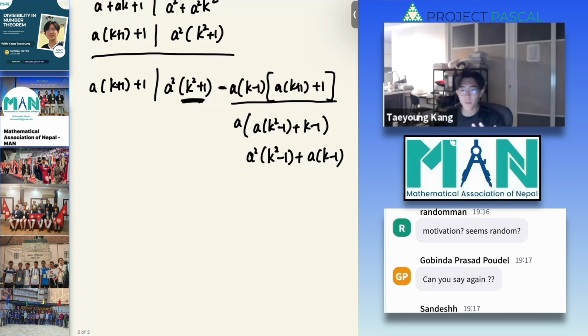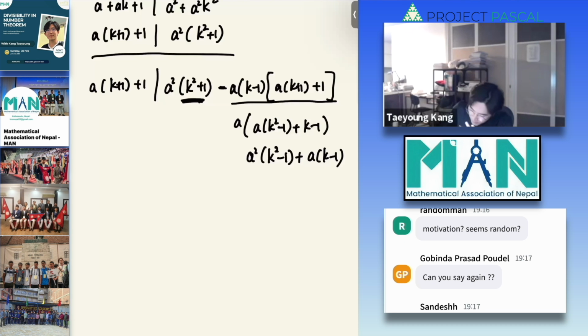So what happens when we subtract the whole thing? It becomes A K plus 1 divides the A squared K squared, the K squared terms cancel out and it becomes 2A squared, right? Because minus of minus 1 becomes plus 1.